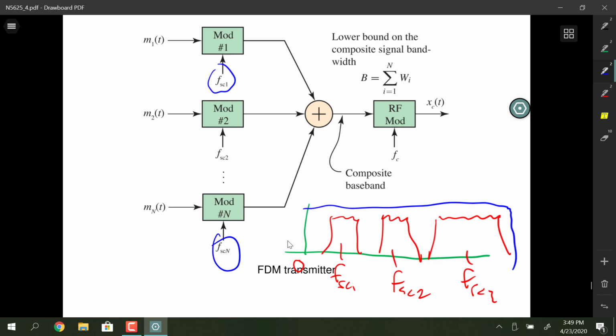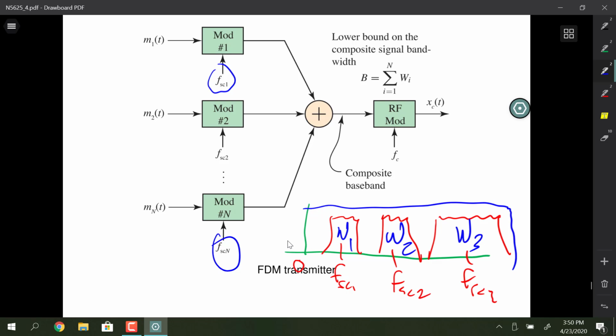So a lower bound on the composite signal bandwidth for this scheme would be the individual bandwidths of these signals. So you've got W1, W2, W3, you just simply add those up, and that's going to be the baseband bandwidth. And then if it's an AM modulator, it's going to be twice that baseband bandwidth B. If it's an FM modulator, it's going to be Carson's rule, and so on and so forth.